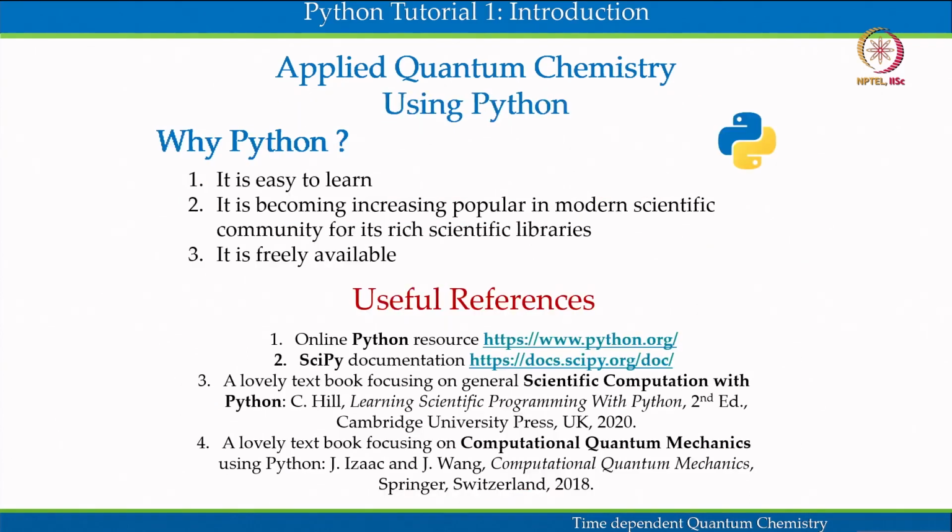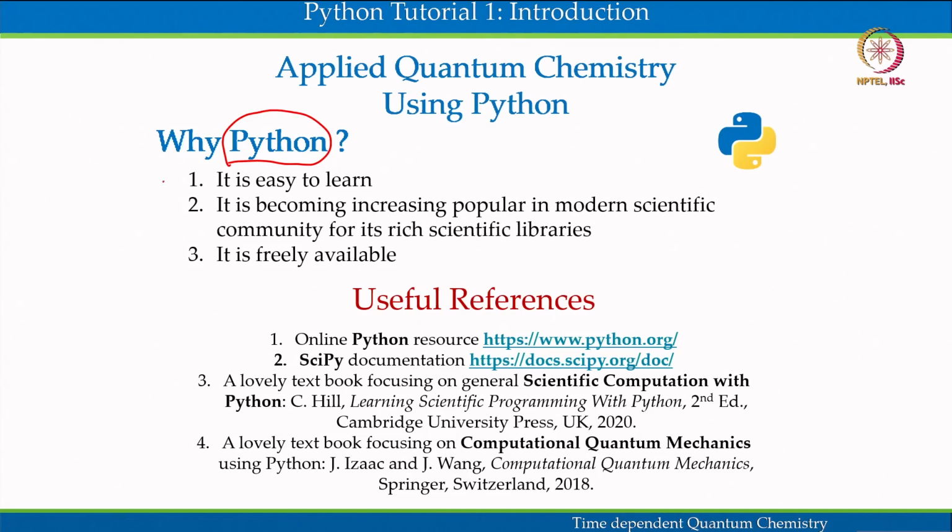So question is, what kind of programming language should we use to make the study of quantum mechanical systems practically useful? We have selected Python programming language for this course, and there are a number of reasons why we have selected Python.